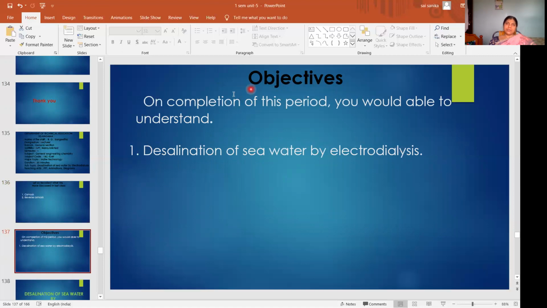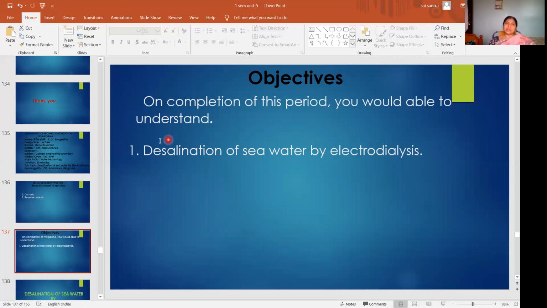electrodialysis. So what are the objectives? After completion of this period, you would be able to understand this topic: desalination of seawater by electrodialysis. In the last class we did desalination of seawater by reverse osmosis.